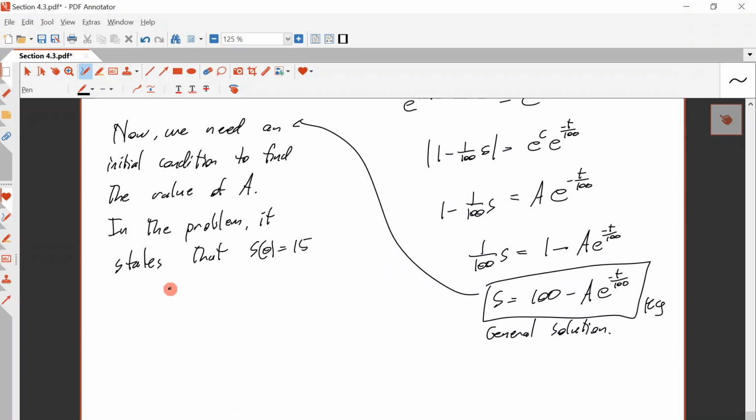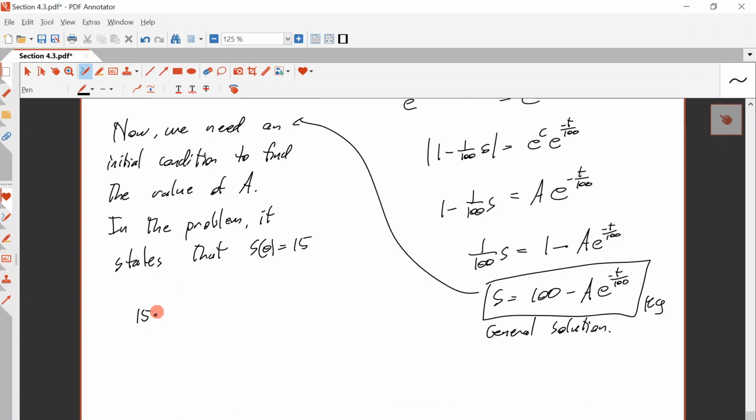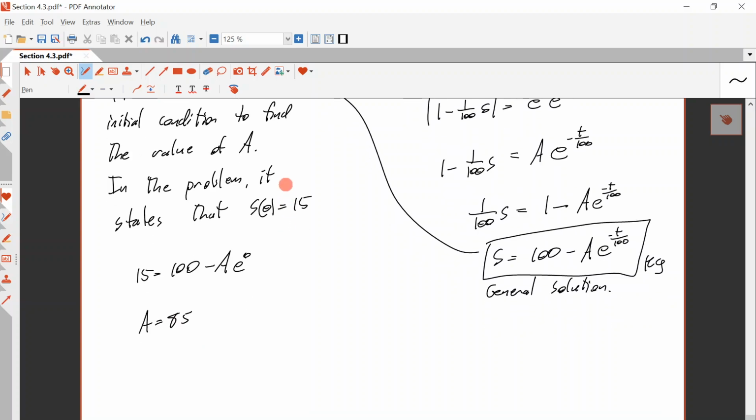Alright, so we use that. So 15 is equal to 100 minus a e to the 0, which is 1. Alright, so a is equal to 100 minus 15 is 85.